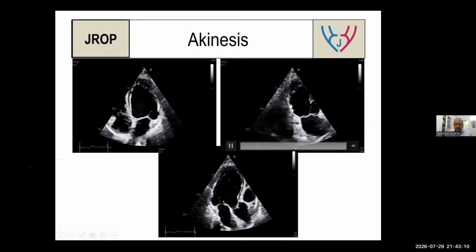Look, this segment is almost akinetic. This should be a two-chamber view, but this is truly not a two-chamber view because we can see a papillary muscle on the other side. So mid and basal inferior wall or mid and basal septum, whatever it is, is akinetic.